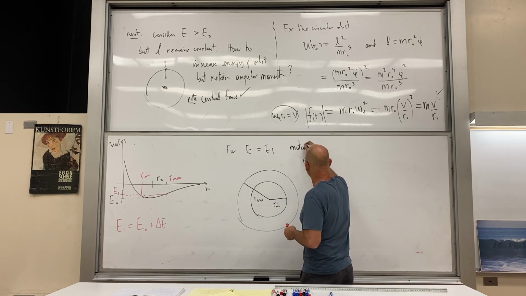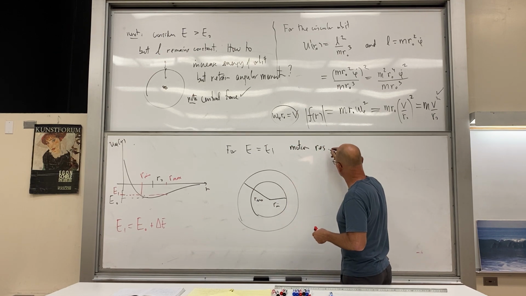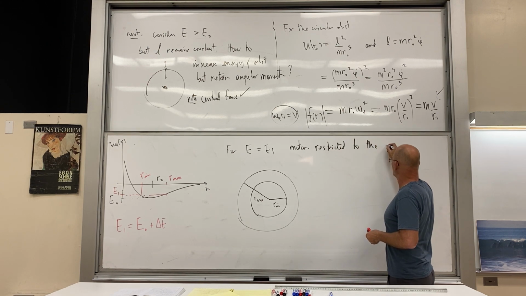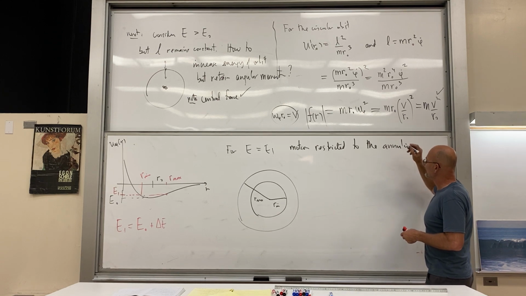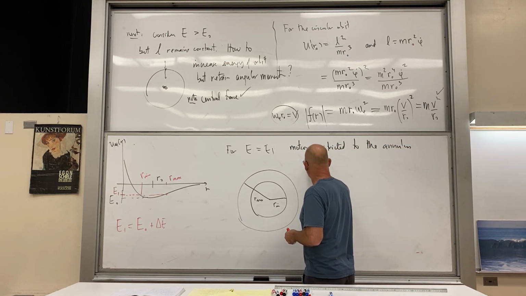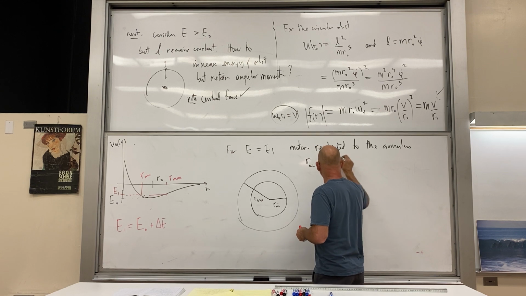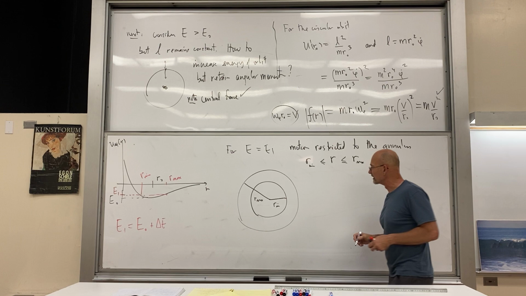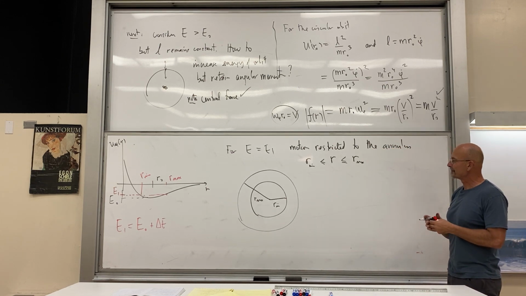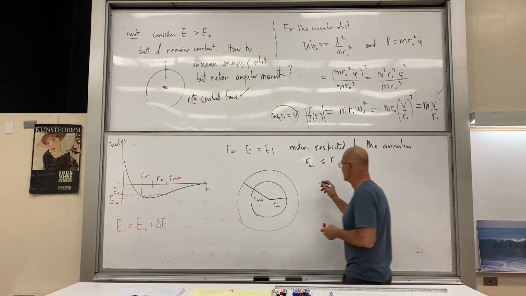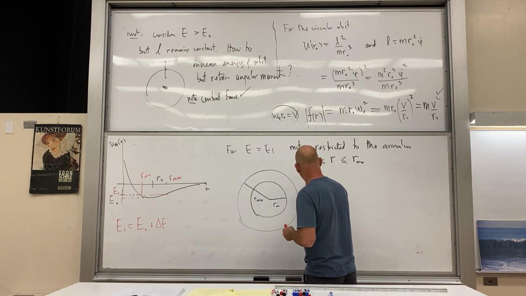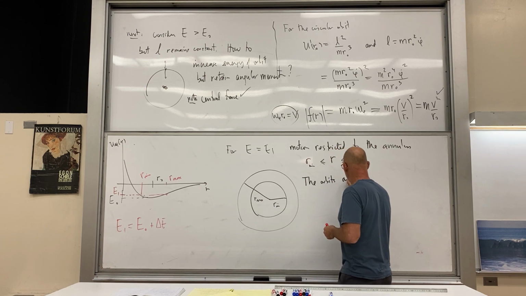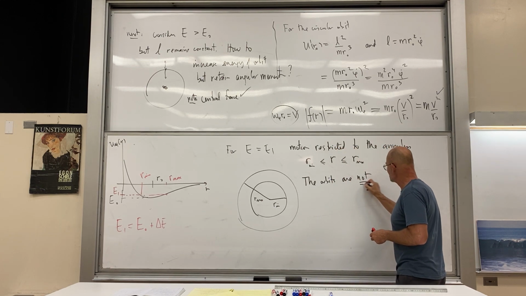Motion is restricted to this annulus, R min less than or equal to R less than or equal to R max. Right? The orbits are not generally closed.